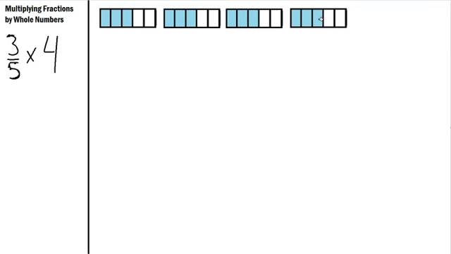So I can also write this down as repeated addition. So I'm doing 3/5 times 4. So that's 3/5 plus 3/5 plus 3/5 plus 3/5.